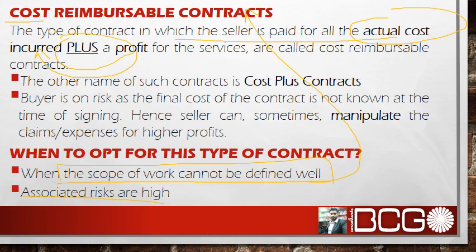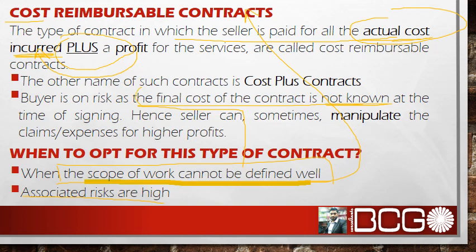So guys, noticeable here in this type of contract is, as we said, the scope of work cannot be defined well, right? So that means due to this reason I cannot decide the final cost of the contract. That's why I am going to pay the actual cost incurred, because I am unknown.